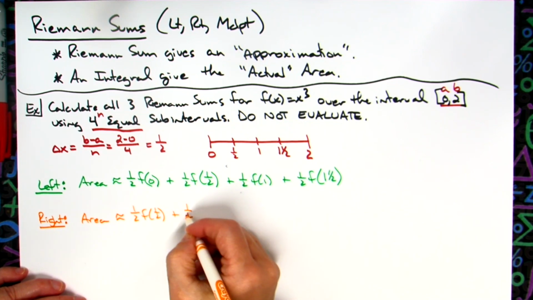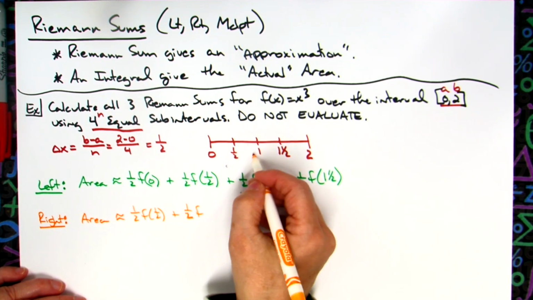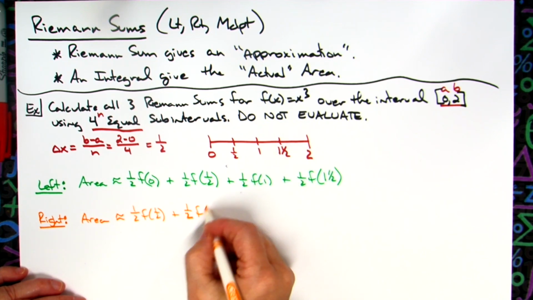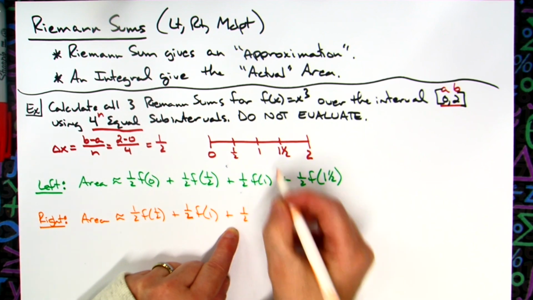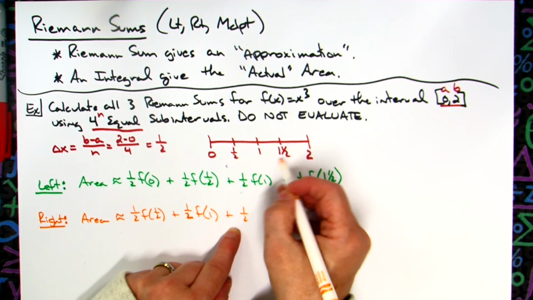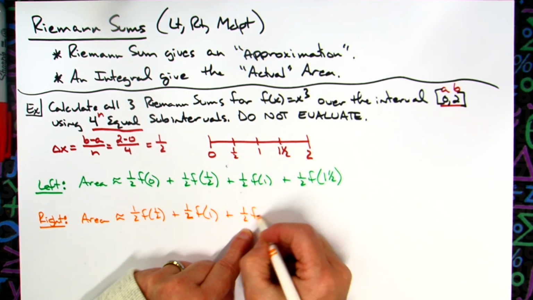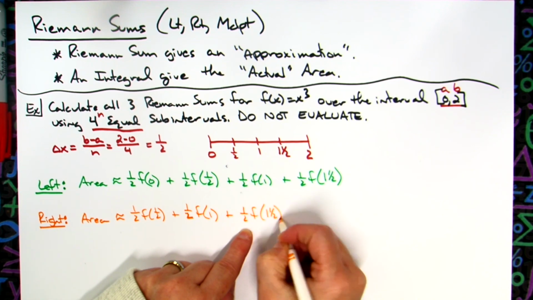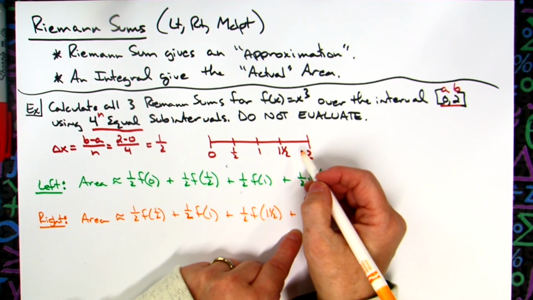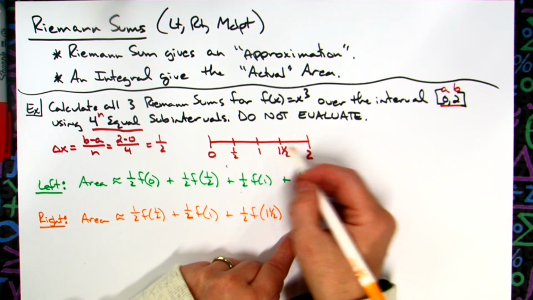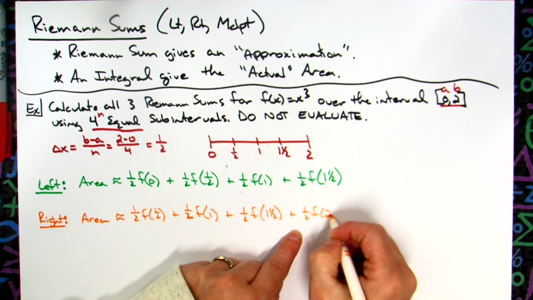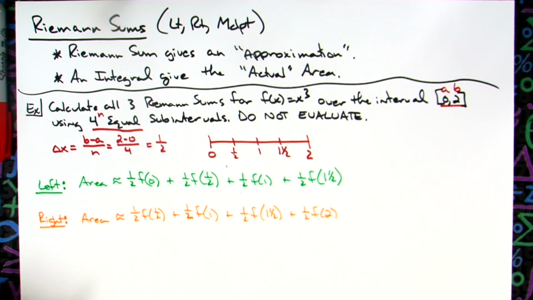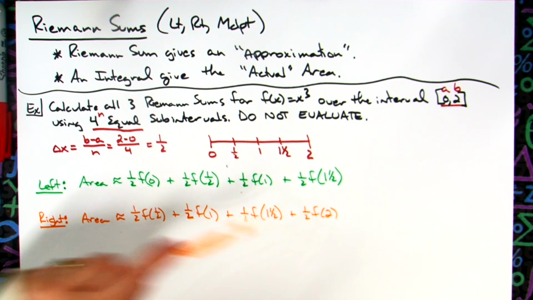Second rectangle, 1/2 f of 1, since the right side is a 1. Third rectangle, my right endpoint is going to be that 1.5. Last rectangle, the right hand side is going to be the 2, so 1/2 f of 2. Four rectangles, four things I'm adding up.